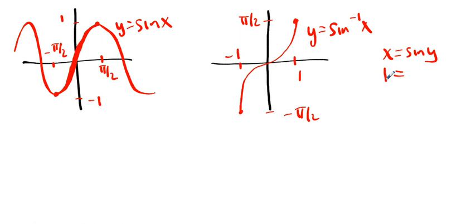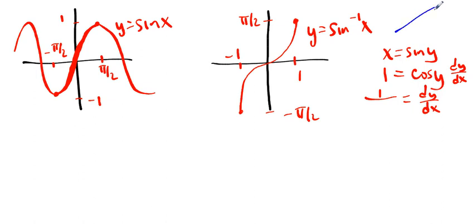The derivative of sine y is cosine y times dy dx, which means dy dx is just 1 over whatever the cosine of y is. Well, that's a dilly of a pickle, isn't it? Because we know what sine y is, but we don't know what cosine y is.